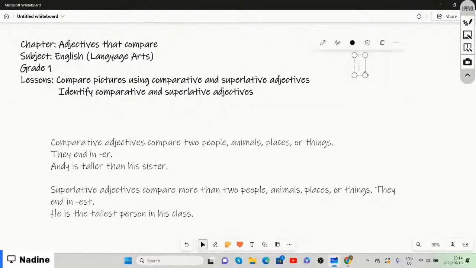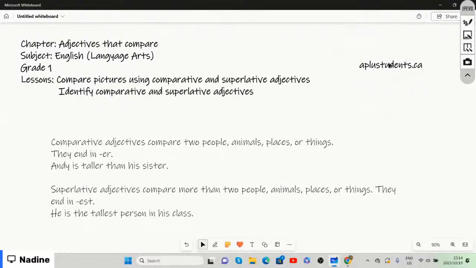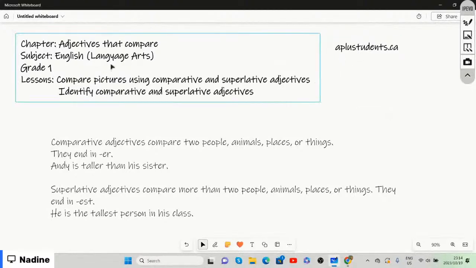And we are doing our lesson on A plus students.ca. So if we want to go back, recap and go over the chapter as well as the lessons, it is basically written on the whiteboard, which is adjectives that compare.